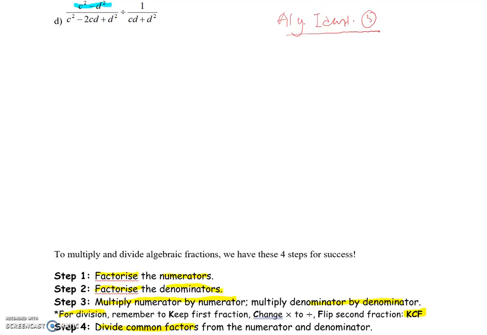So using the third identity, we know that c squared minus d squared is actually equal to (c plus d) whole bracket (c minus d). So let us rewrite the expression for this numerator. So c plus d and c minus d.